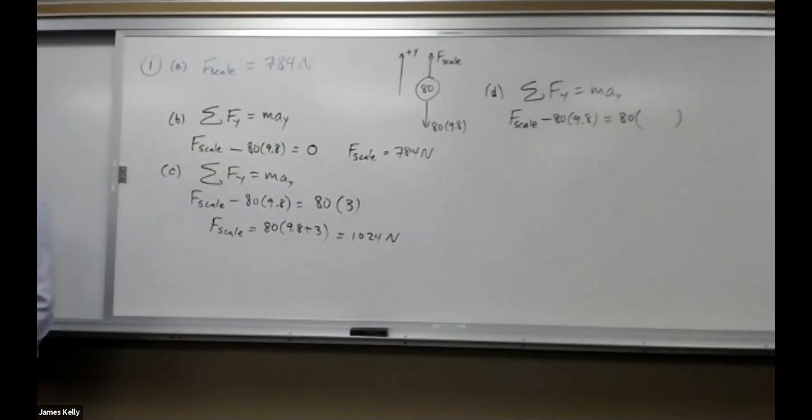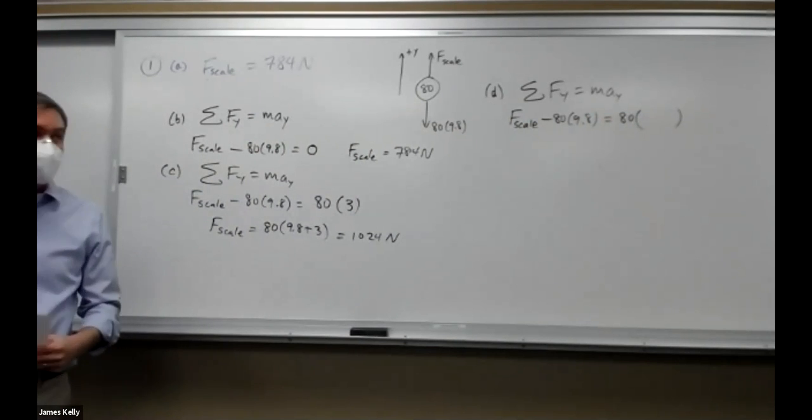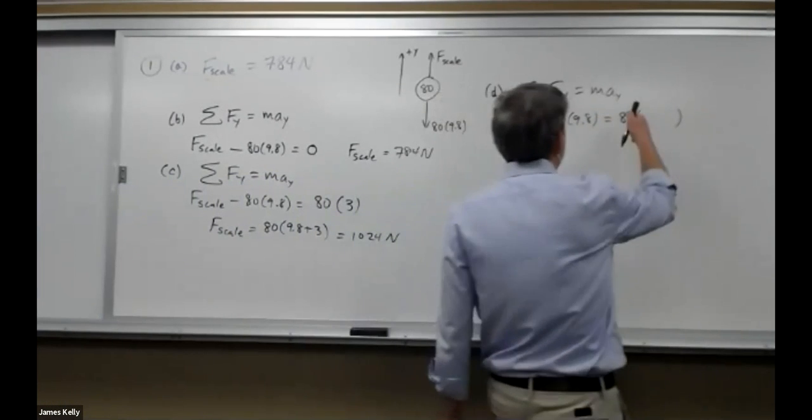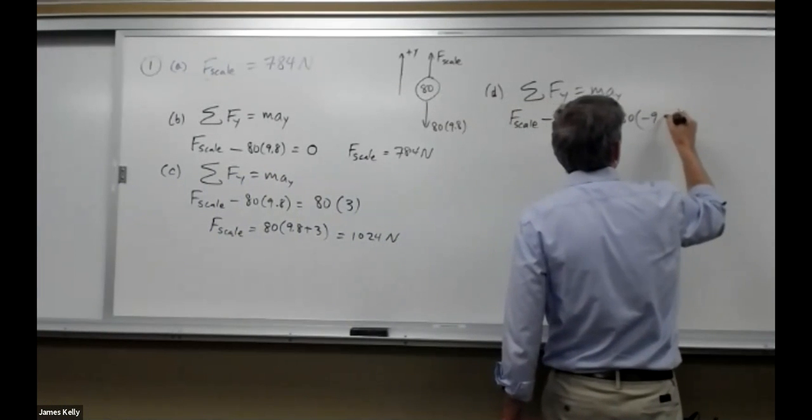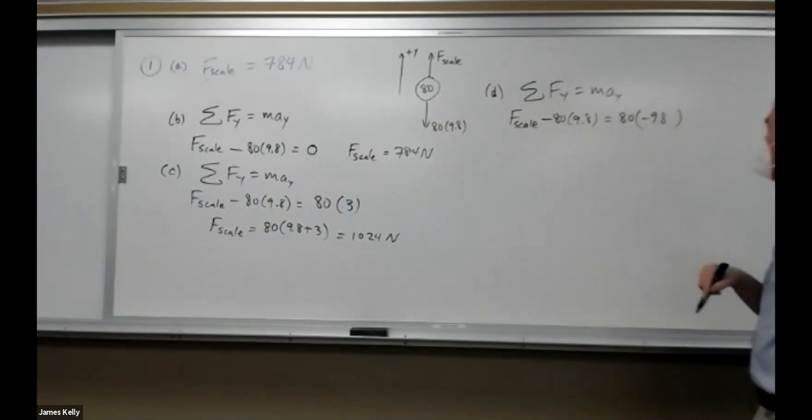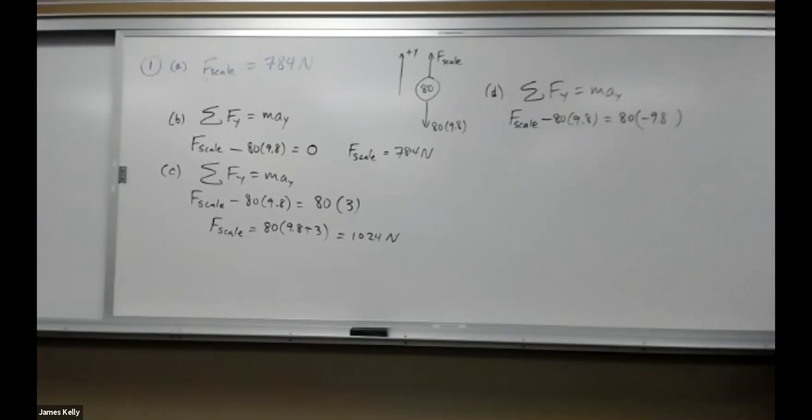It's negative 9.8, right? I already chose plus y is up. So that means if I'm in free fall, my a_y is minus 9.8. I'm accelerating towards Earth. So if I'm in free fall, that's the one case we already know the acceleration. It's toward Earth, 9.8 meters per second squared. That's a negative y component.